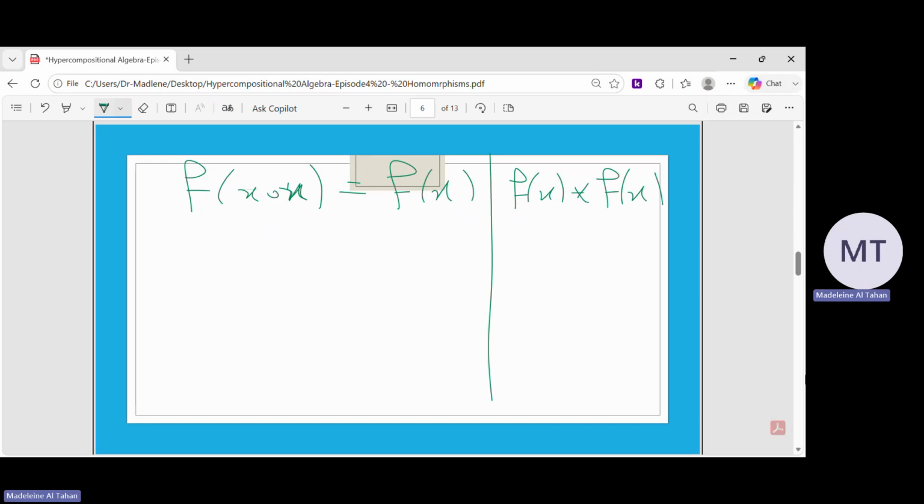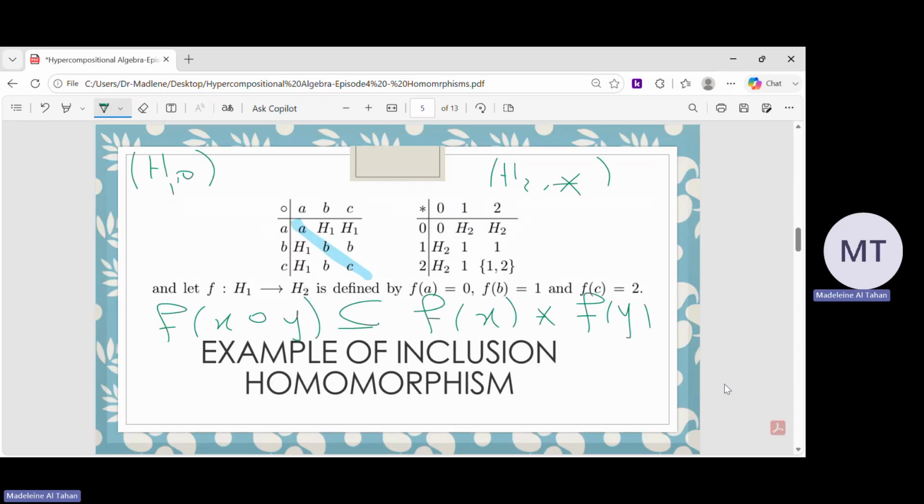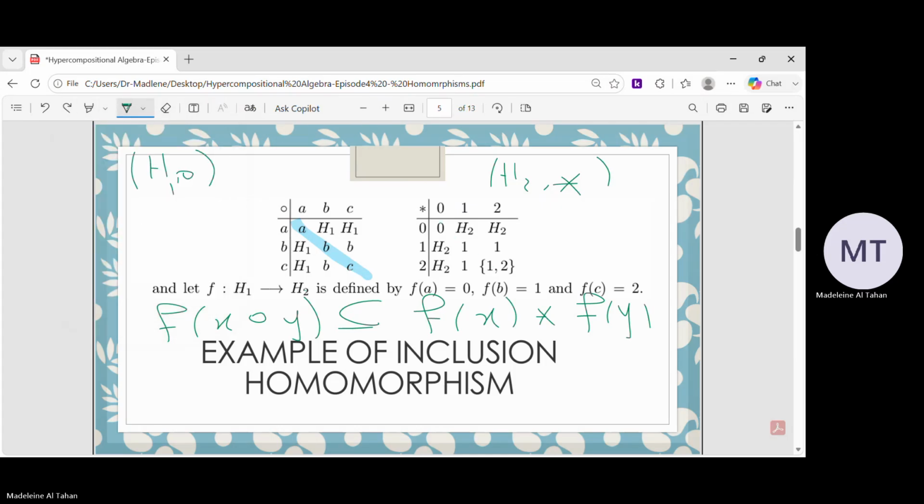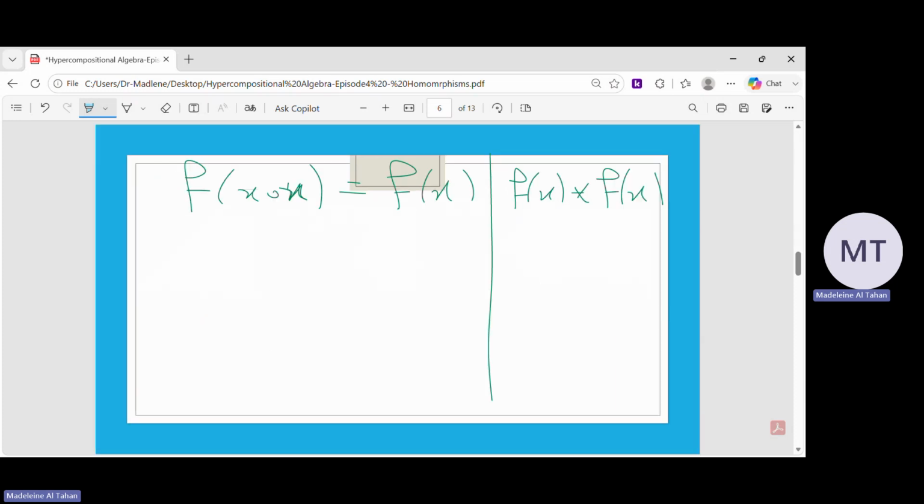So let's go back. f(x) is in H2. So this one basically is also f(x). We have the equality here, but can we deduce that it is a good homomorphism? Not yet, because we considered only the case when x is equal to y.